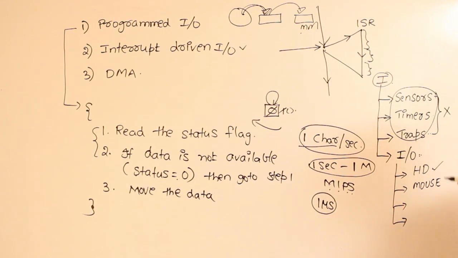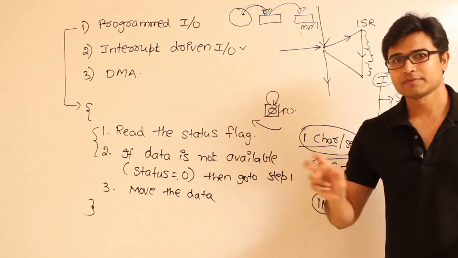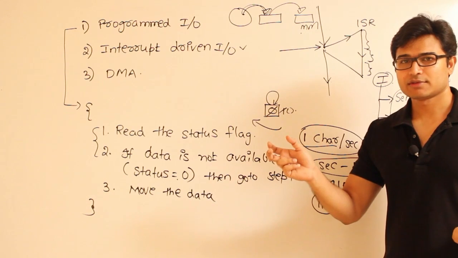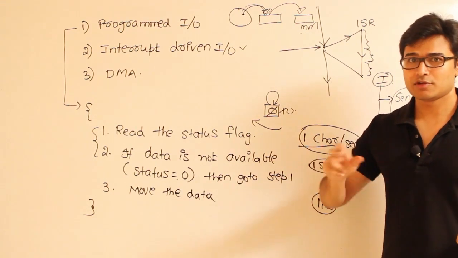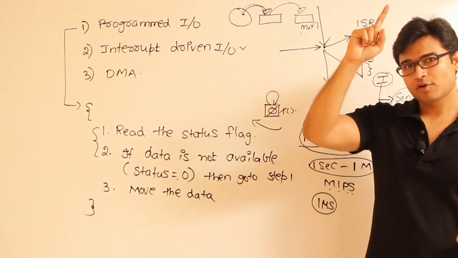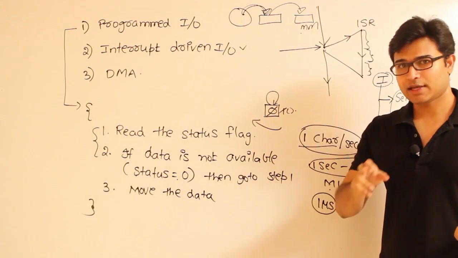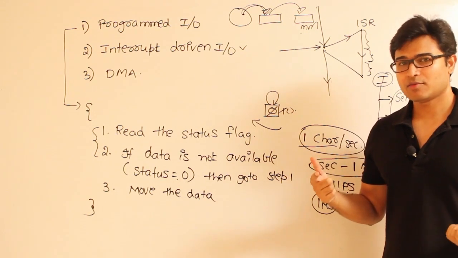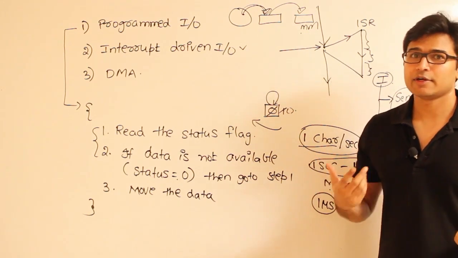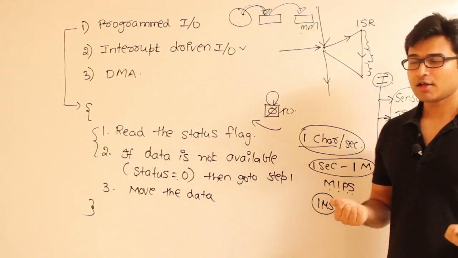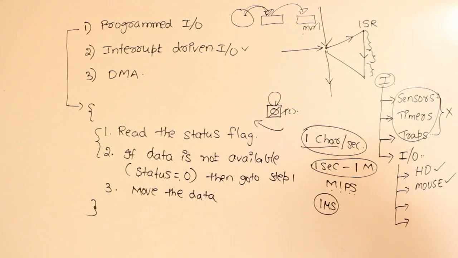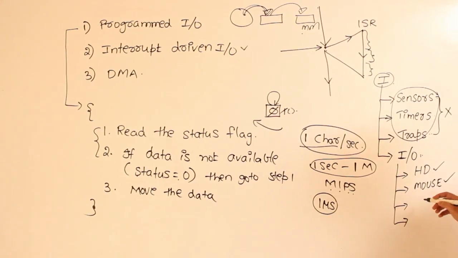So first the hard disk and then the mouse, because if you are just dragging a mouse, the data generated by the mouse is going to be very fast, because you can drag a mouse from the top of the screen to the end of the screen and all those pixels have to be covered, right? Therefore the data generated by the mouse is actually very huge. So after the hard disk, the speed of the mouse is very high, and after the mouse maybe the printer.